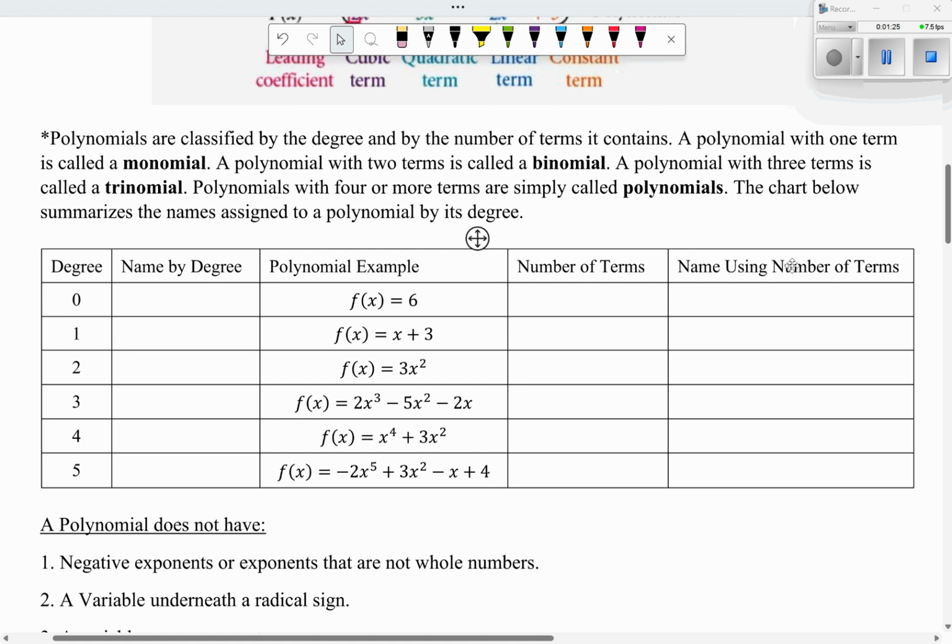If we look at this first example here, notice that this doesn't have an x, so really it's x to the 0 power. That's why it says the degree is 0. So the name by the degree is called a constant. And the number of terms, there's only one term here, so this is called a constant monomial.